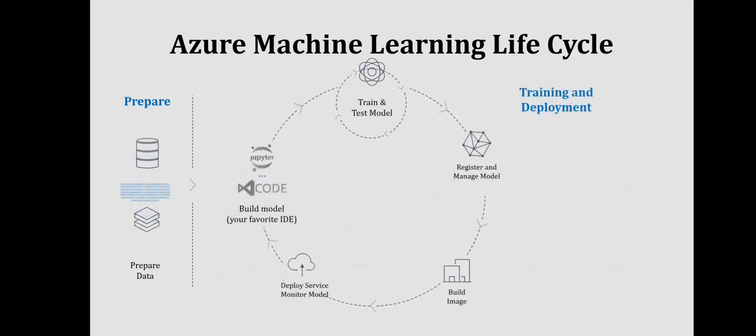Here you can see the fantastic animations. The life cycle is a continuous process where you build the model using favorite IDEs and algorithms. Then you deploy it, create an image, register it, and then train and test it. So this is a continuous process.